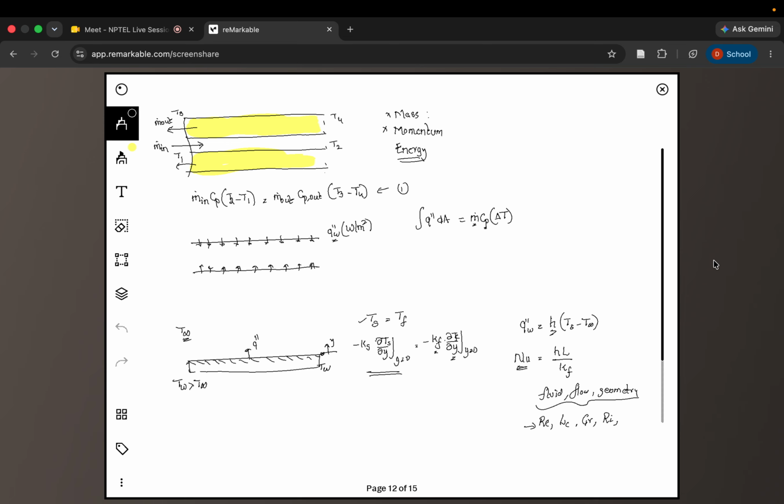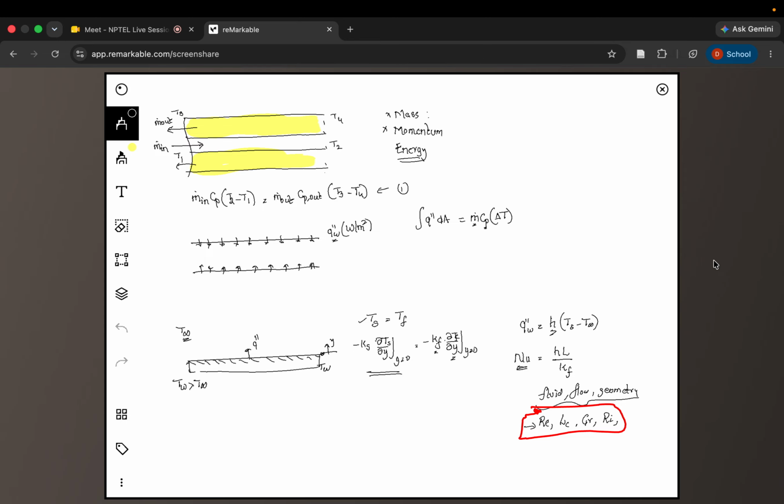These are some simplified cases to which Navier-Stokes can be reduced. The types of problems you would expect in this course usually involve either finding temperature or finding the heat flux. So you need to estimate the heat transfer coefficient, which is given in non-dimensional form by the Nusselt number, which is given by this equation. And this Nusselt number is going to be a function of the particular fluid of interest, the flow geometry, etc. So what we do in the upcoming sessions is we first write the governing equations, simplify them by making certain assumptions, and then come up with some non-dimensional numbers that can characterize the geometry of the flow under consideration.